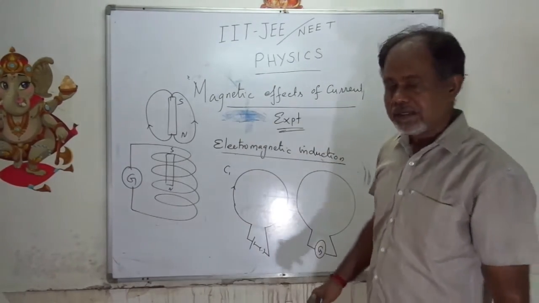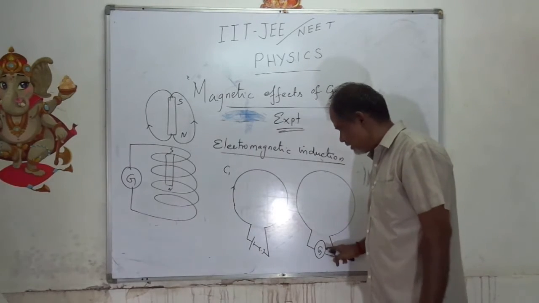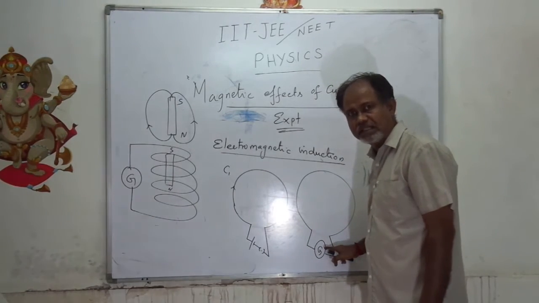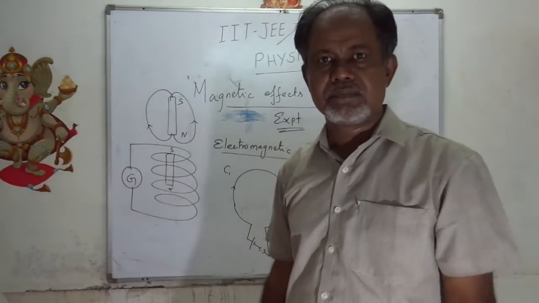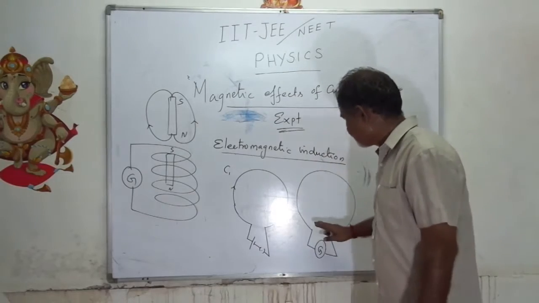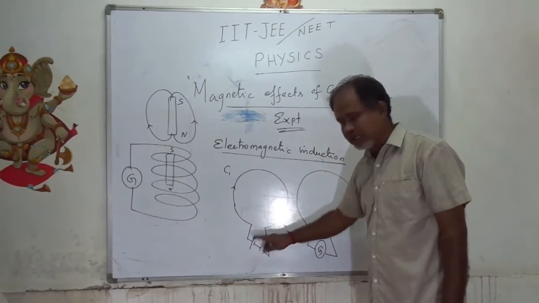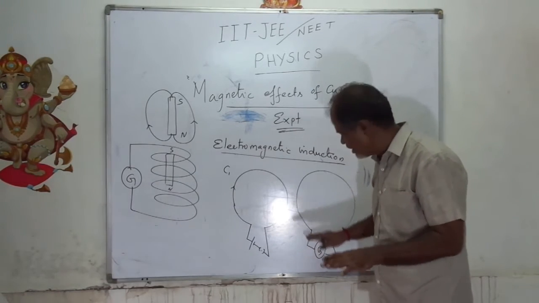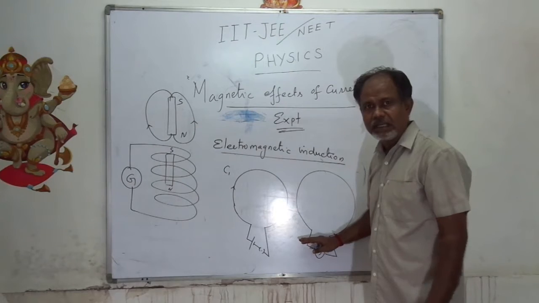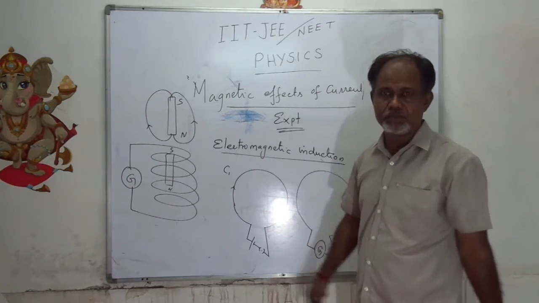When we switch on and switch off, there is a deflection in the galvanometer. During the steady state, in between switch on and switch off, there will be no change in deflection. The deflection in the galvanometer is 0.